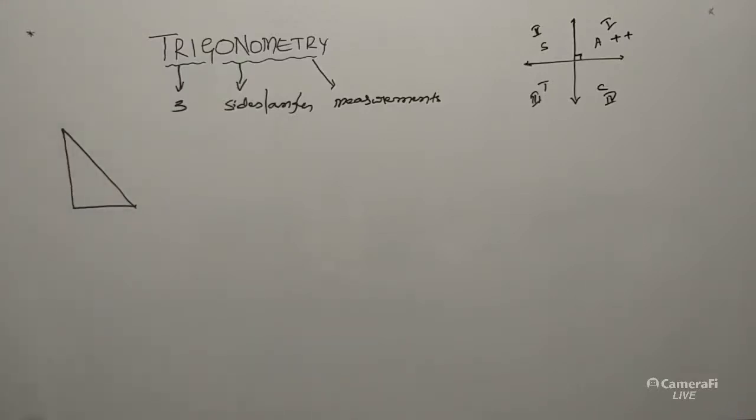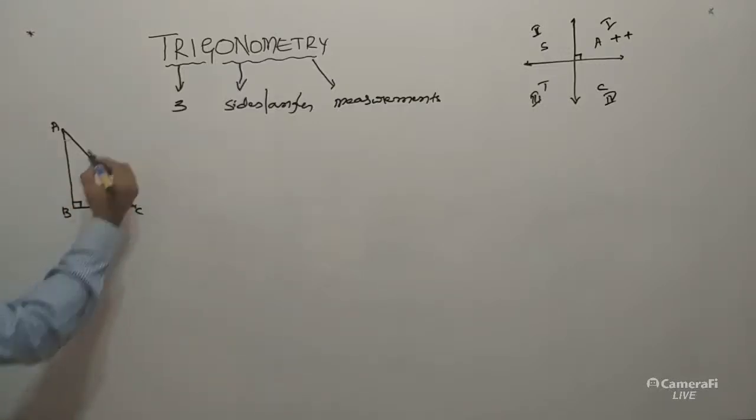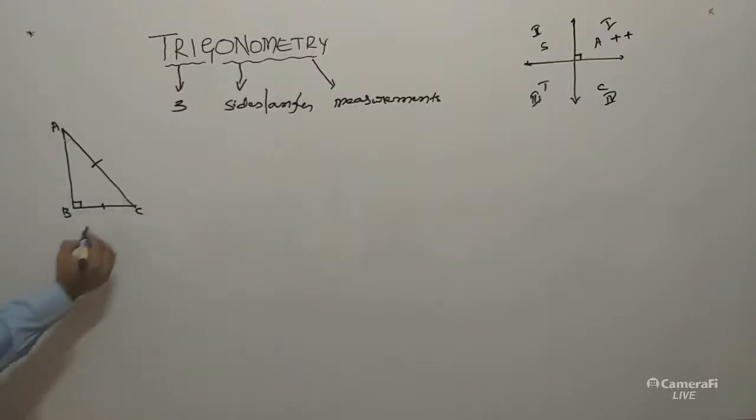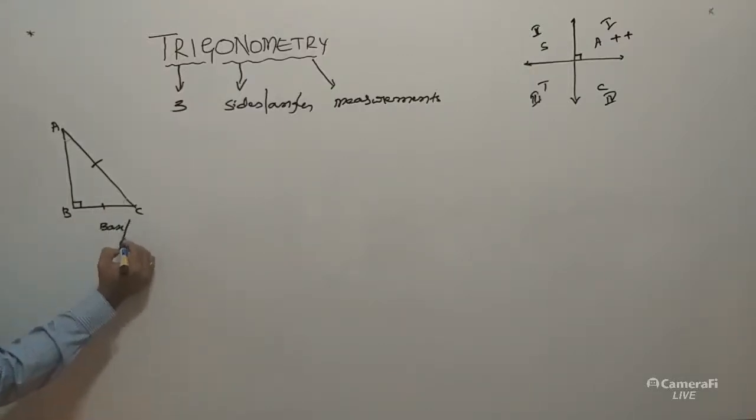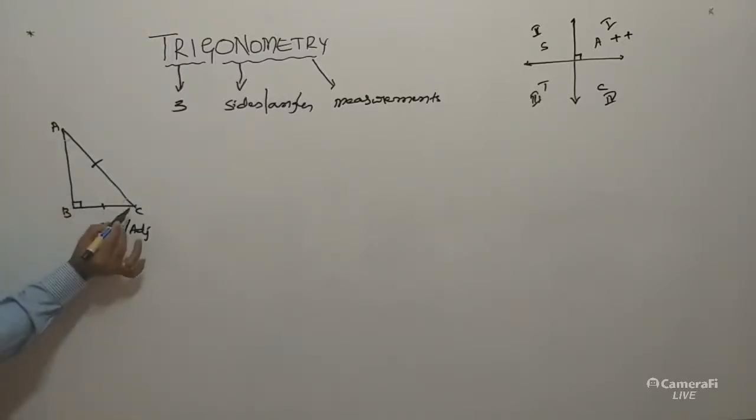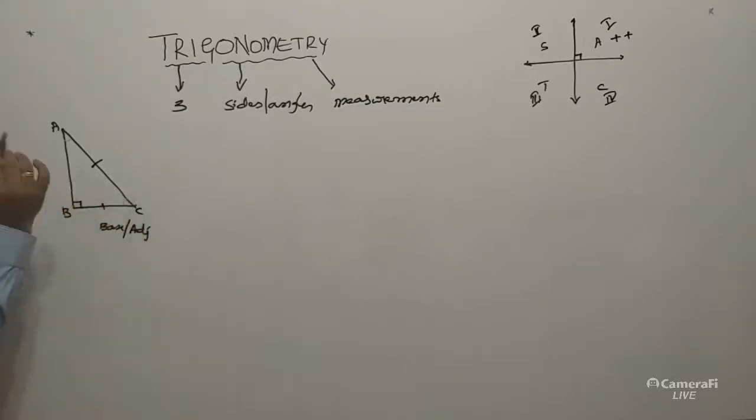This is the right angled triangle ABC, where the right angle is angle B. Now this is angle C, and this is angle A. Very clear: here AC is the longest side, and BC is the base or adjacent side, when we are considering angle C as the base angle.